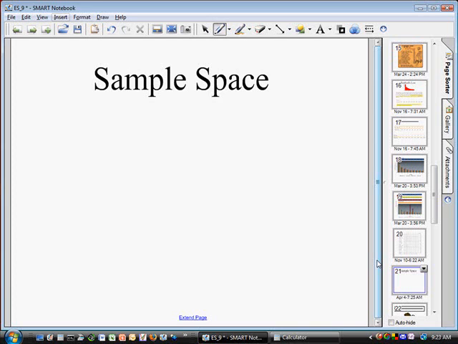A simple one, a sample space for rolling a single die, would be 1 through 6. So what's a sample space? A sample space is where you list all the possible outcomes.